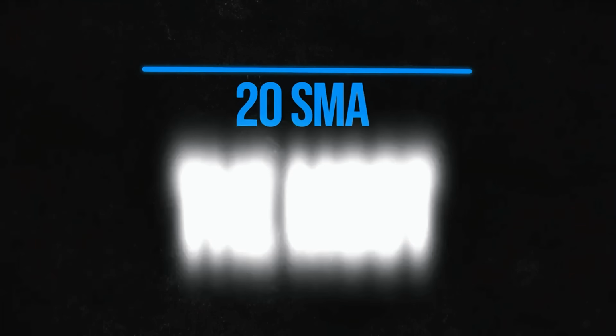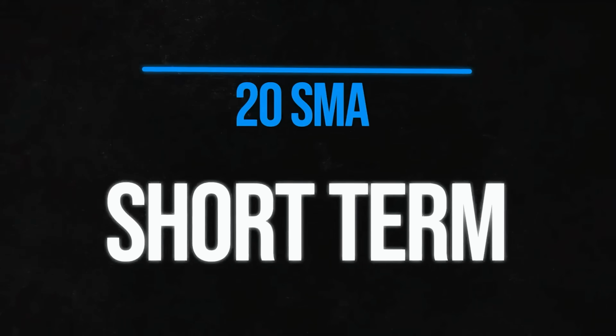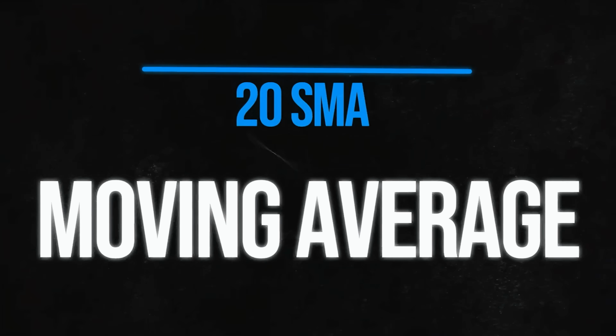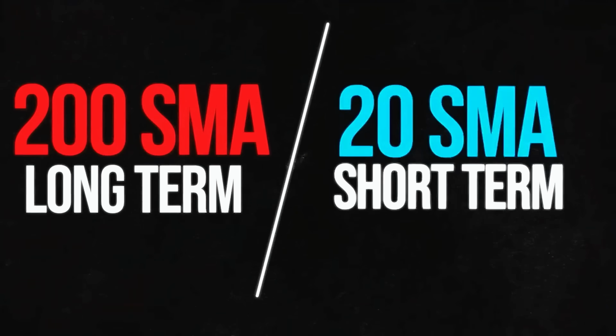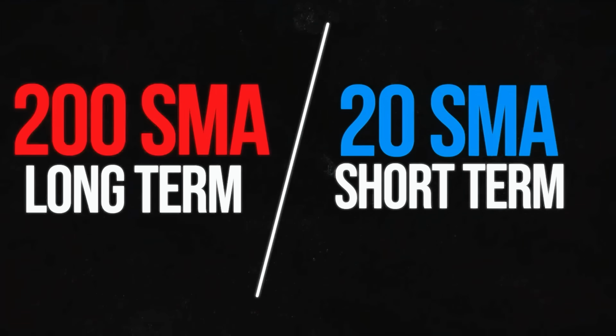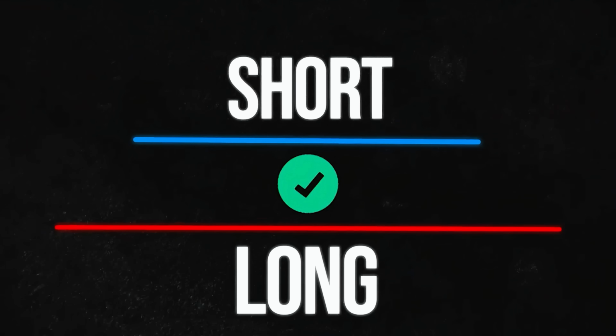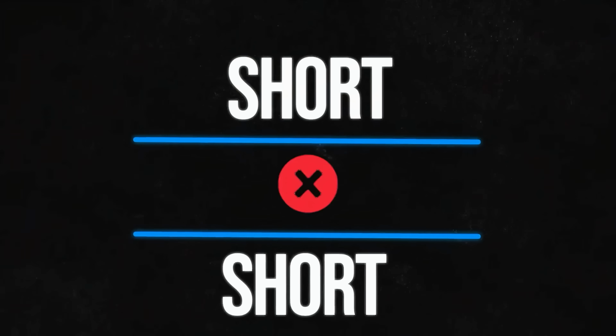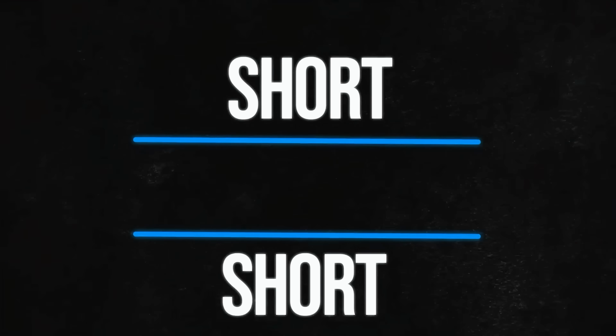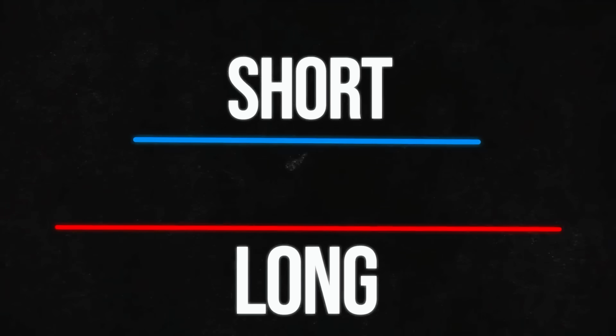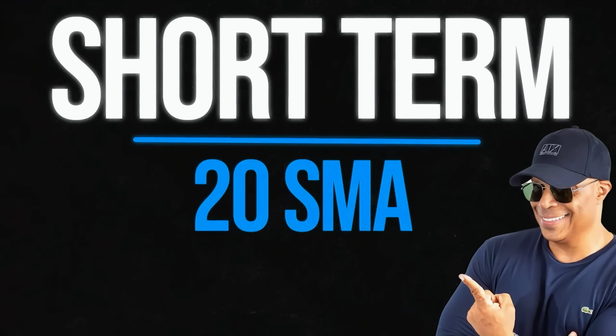The 20 period moving average is, in my opinion, the most important short-term moving average. Now, the 200 is a long-term moving average. The 20 is the short-term moving average. And whenever you're using a dual moving average system, you should be using a long and a short together, not a short and a short together. But the two staples should be long and short, and that's what we have. So the 20 is our short-term moving average.